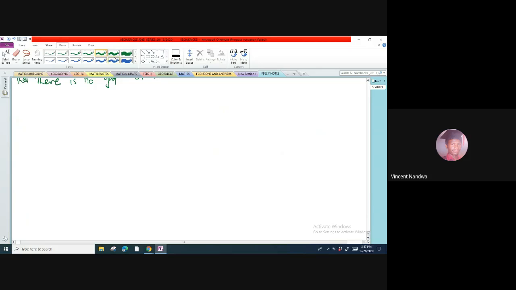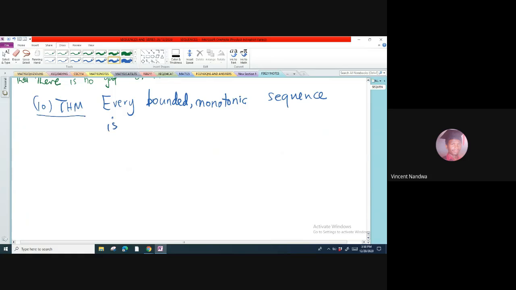So theorem: every bounded monotonic sequence is convergent.